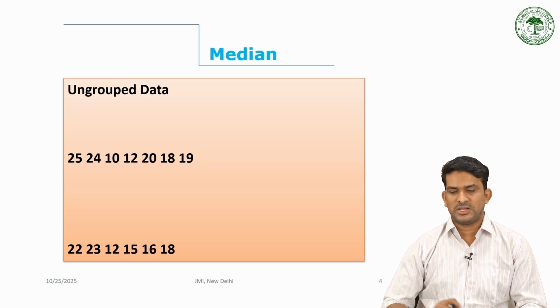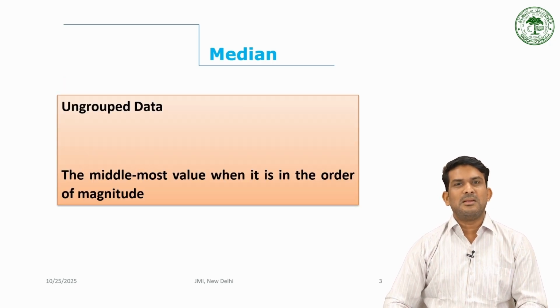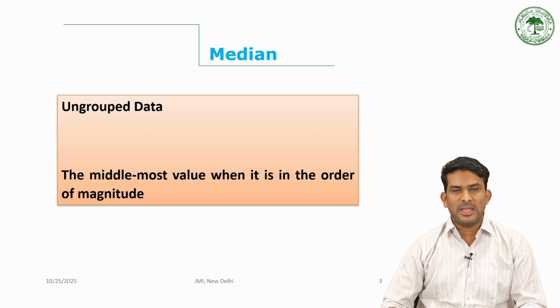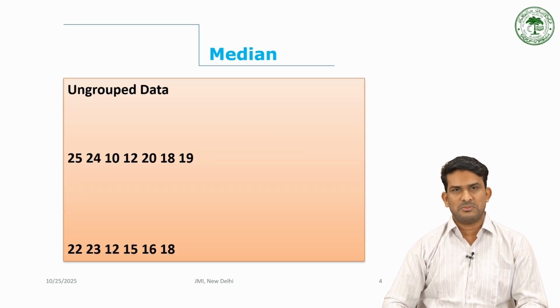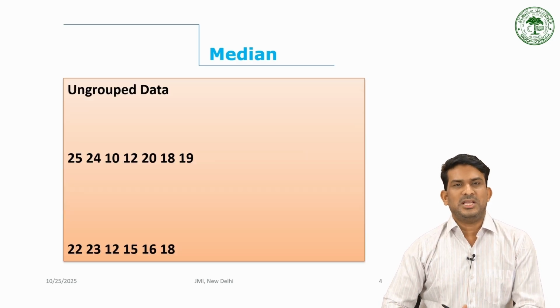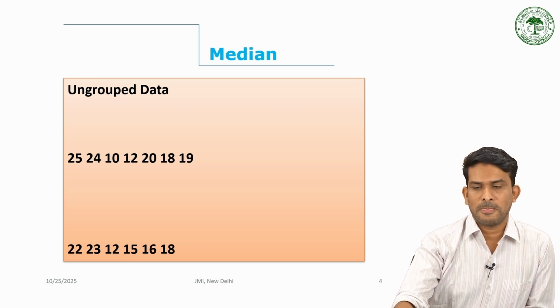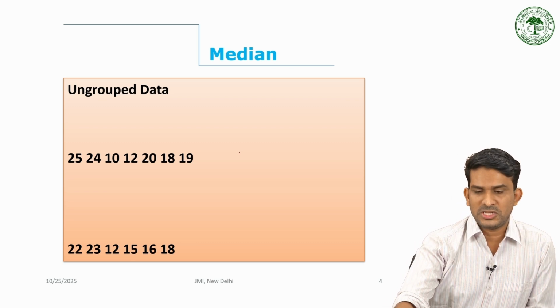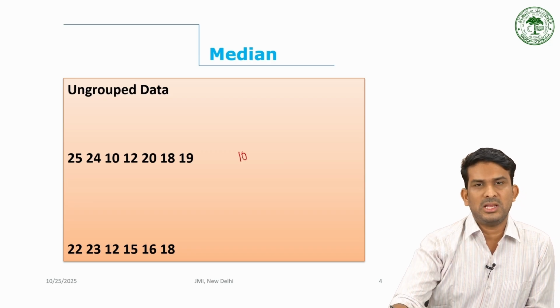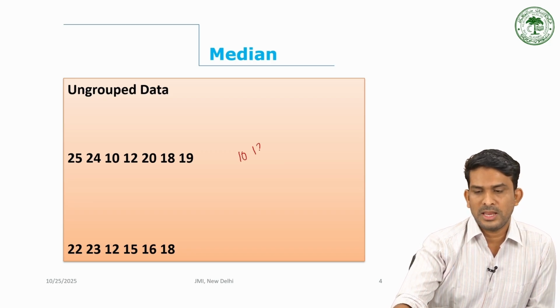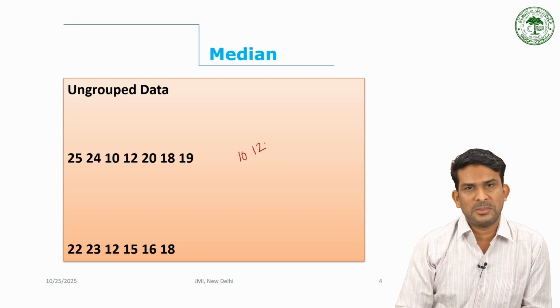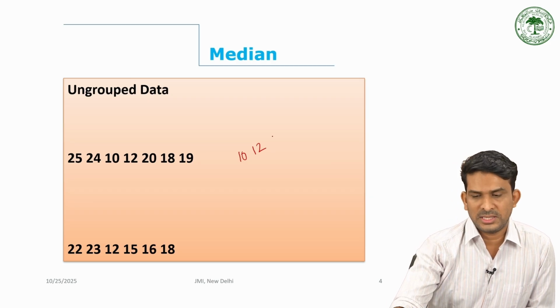So what is the condition? It is the middlemost value. We have to make an order of magnitude. See, for ascending, how do I make ascending order? Initially, I'll begin with the lowest value, 10. Next lowest is 12. Am I right? Next is 18.